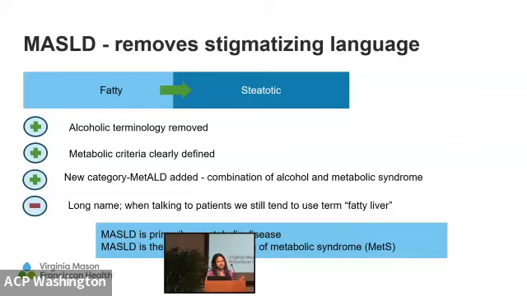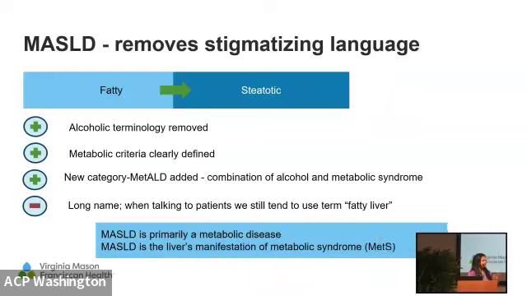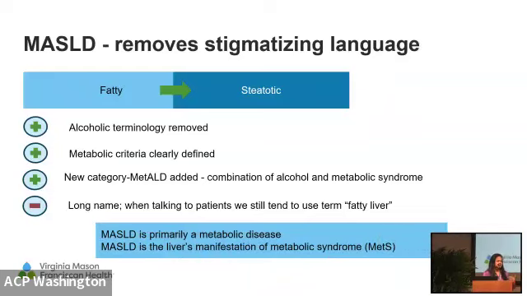Initially, from NAFLD, they made it MAFLD, so they changed it to metabolic dysfunction fatty liver disease. And then that was still not enough. And then eventually last year, it was changed to MASLD. So we took out the term fatty, and it was replaced by steatotic.